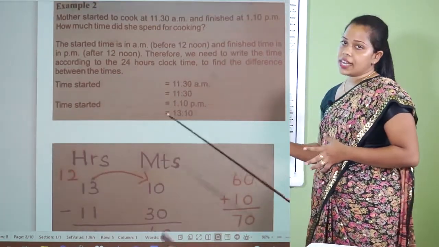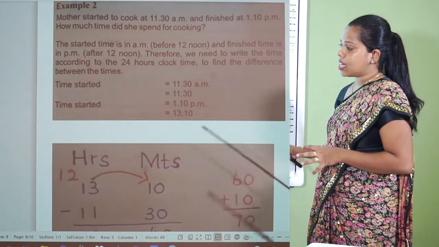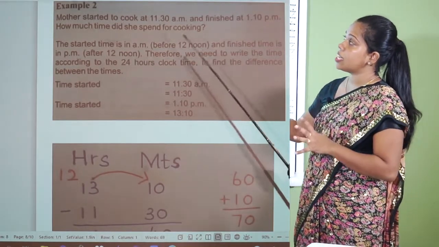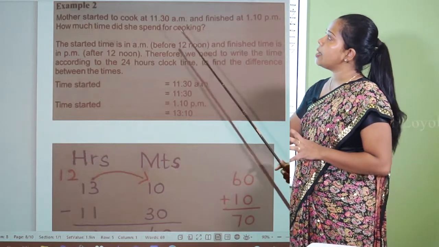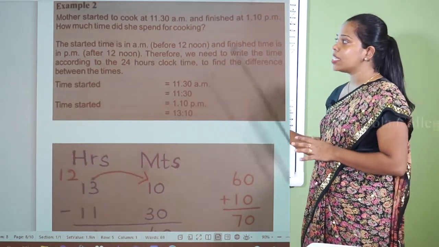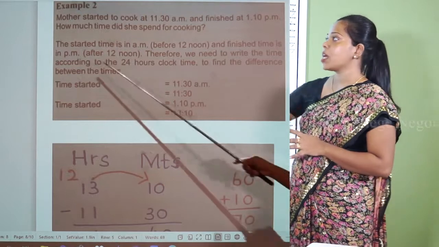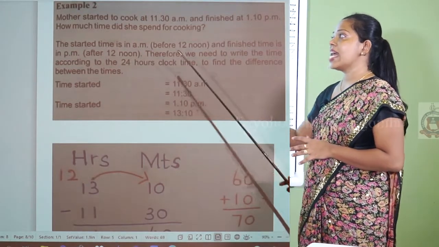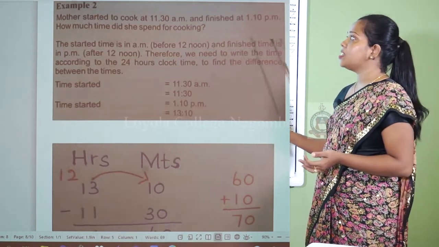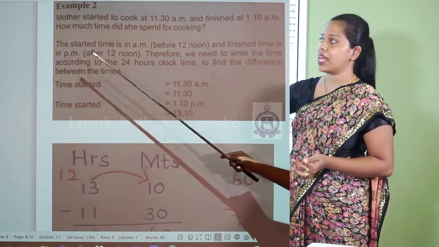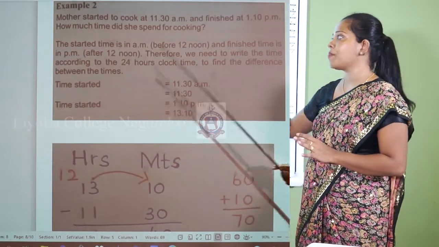When we are calculating the time spent for cooking, here the time is given in AM and also in PM. So we'll see what we are going to do. The started time is in AM, before 12 noon in the morning, and the finish time is in PM, that means after 12 noon.